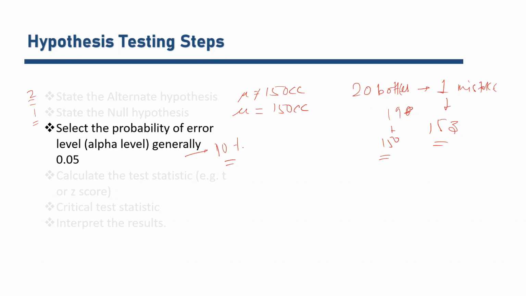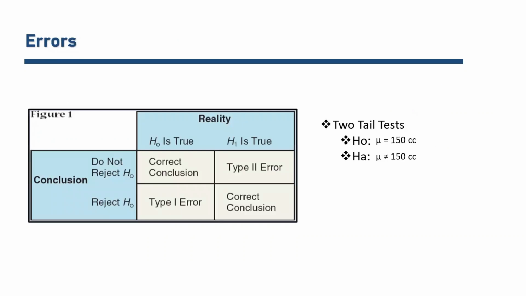Okay, so once we have understood the error level, let's look into the errors. Now, for our scenario, let's understand the errors with the help of this table here. We have two states, which are always there: the reality and the conclusion, right?